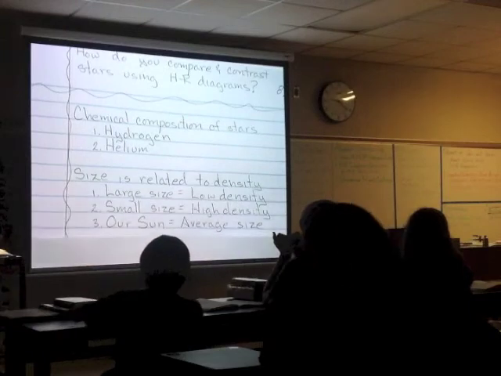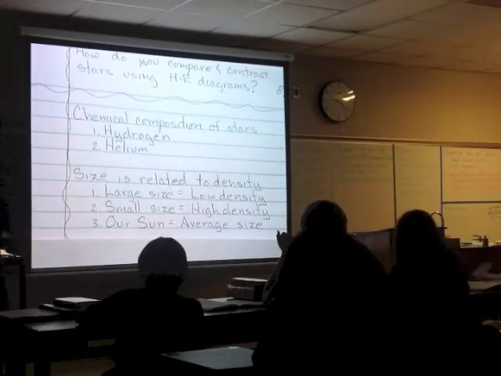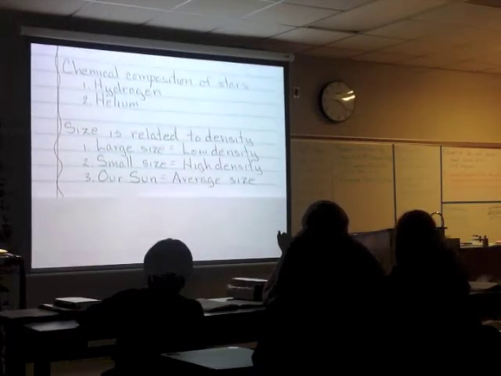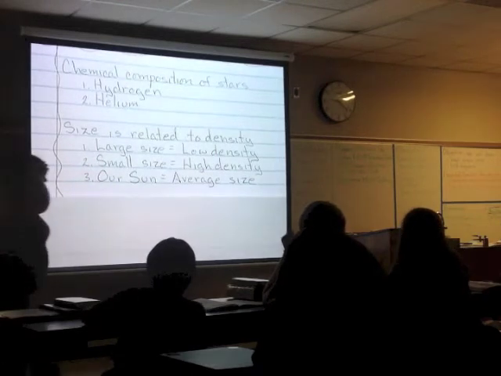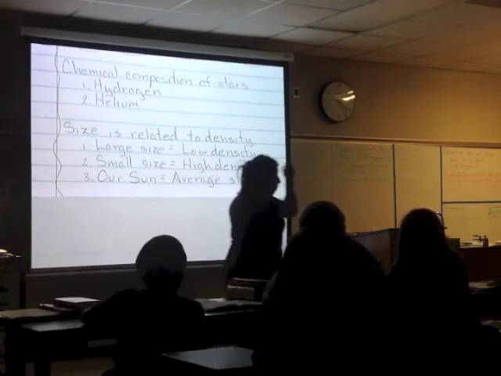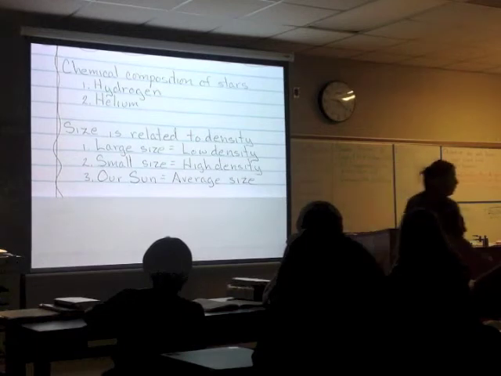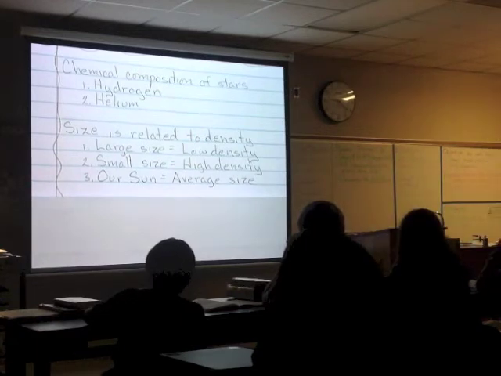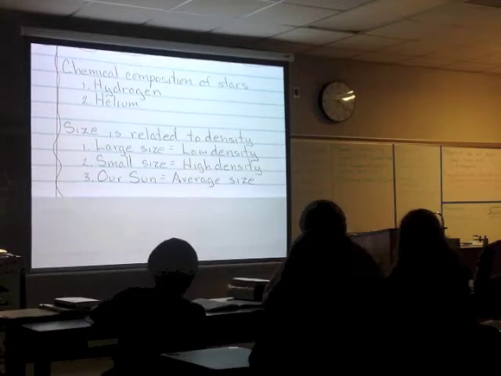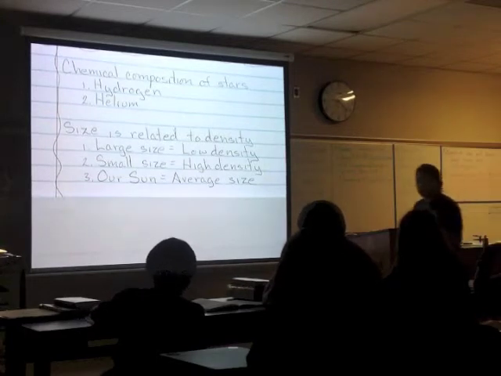Alright, now, when we look at size of stars, size is related to density. And how do we calculate density again? Mass divided by volume. Okay? So density equals mass divided by volume. A large size is equal to a low density.